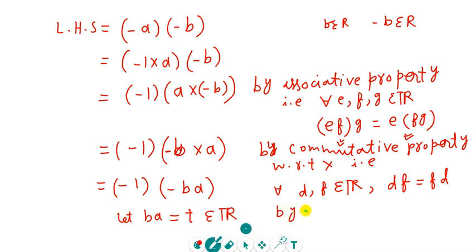The closure property says that if we have any real numbers, their product will also be a real number. So we can write minus 1 into minus t.